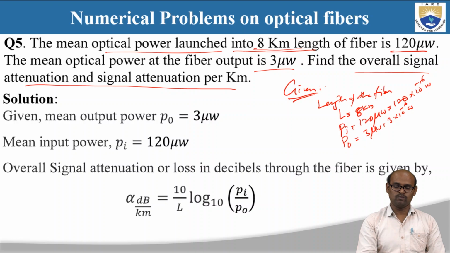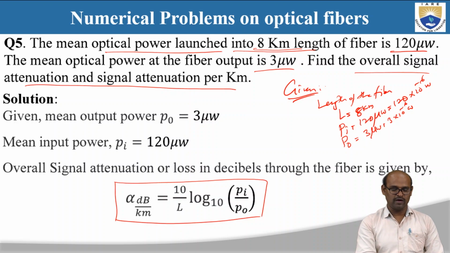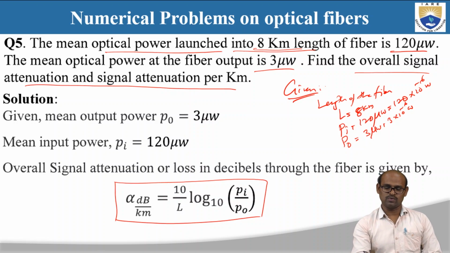Okay, so we have discussed attenuation and distortion of the optical signal through fiber, and the formula for the attenuation coefficient alpha in decibels per kilometer is (10 by L) log 10 of Pi by Po. Now we are going to substitute these values.